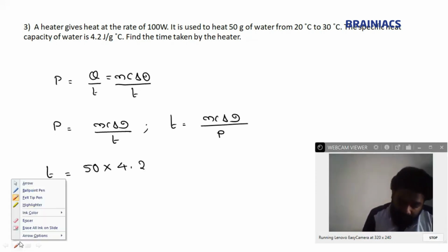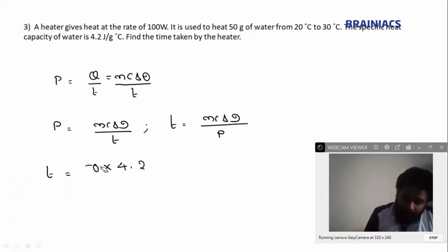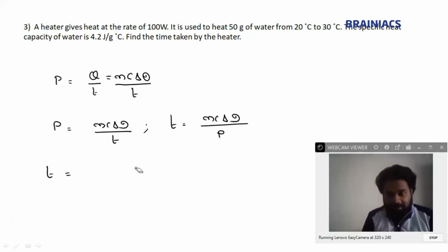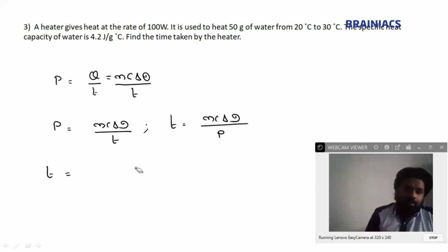So here in this type of question, when we need to calculate time, we will be calculating time in seconds. So we need to convert everything into SI unit for this type of question.